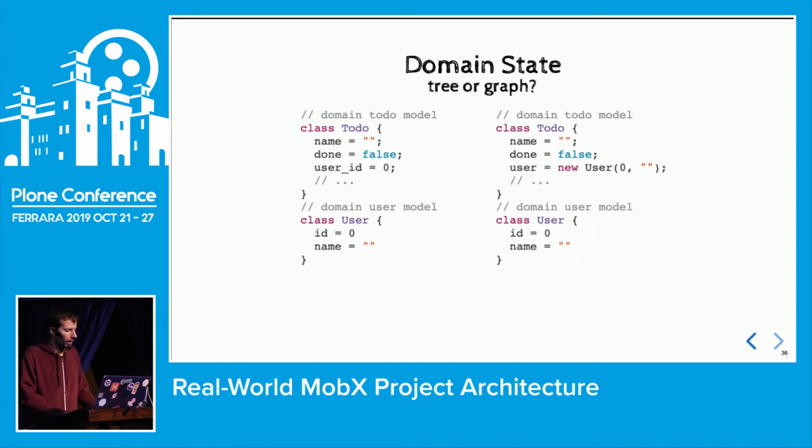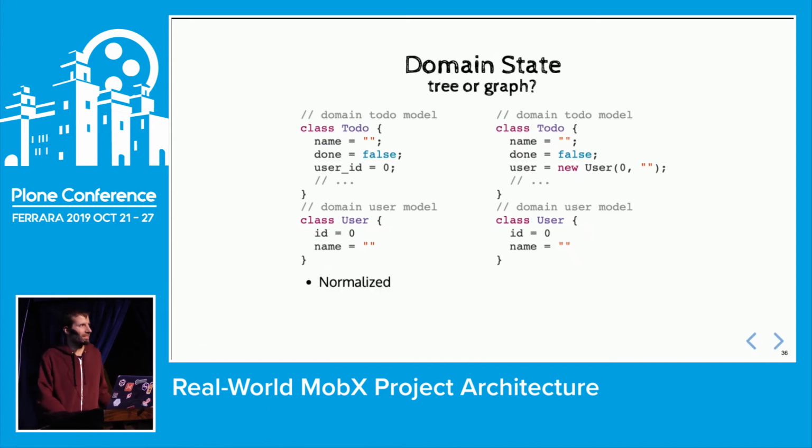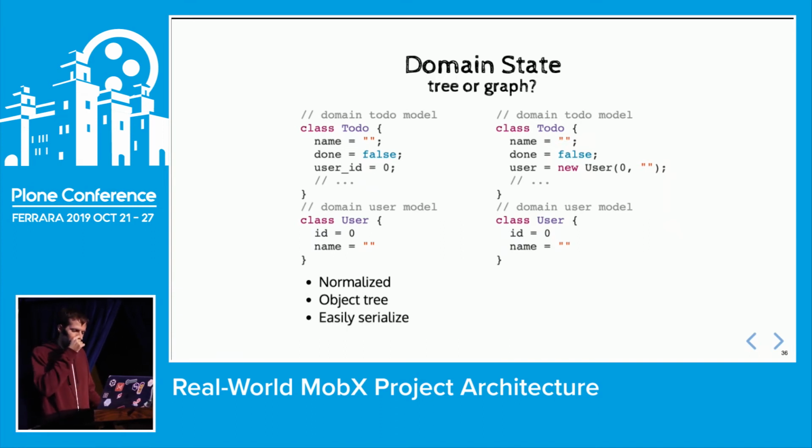And so that means that the state is usually already normalized, and it's a tree because there is no reference between the objects. And this means that since it's already serialized, we can basically just pick the values from here and send them to our API, for example. They are plain JavaScript objects, so why not?